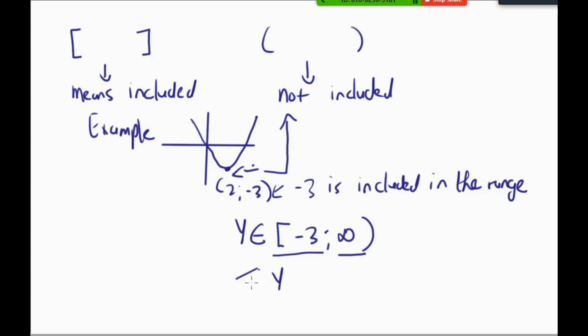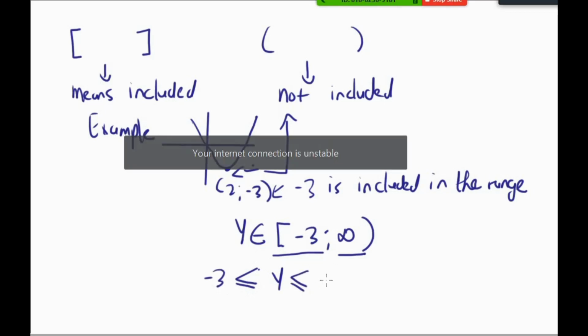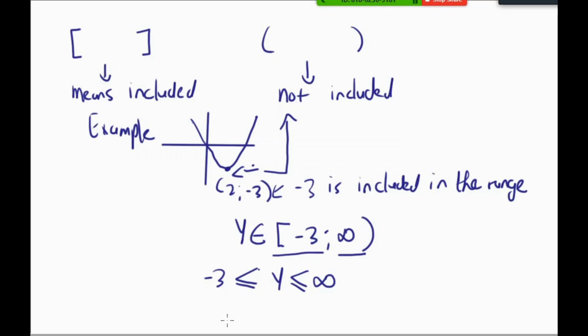I could say y is greater than or equal to -3, and y is less than infinity. Okay, so that's important over there. Or y is just less than infinity.